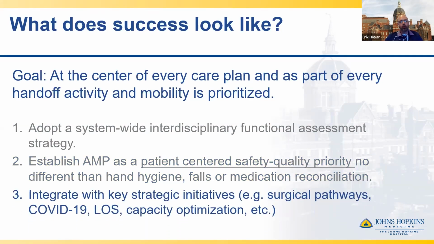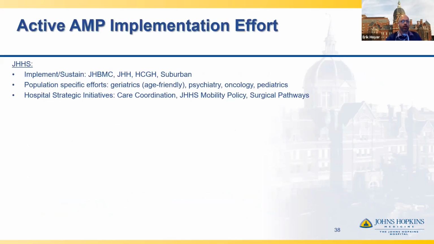And as I mentioned before, we look for opportunities to integrate into all these different initiatives, because, as in the first one, surgical pathways, function and activity are really important for all these different aspects of improving patient outcomes. So the better we can integrate ourselves into the workflows and strategic priorities, the more positive an impact we can have on patient outcomes.